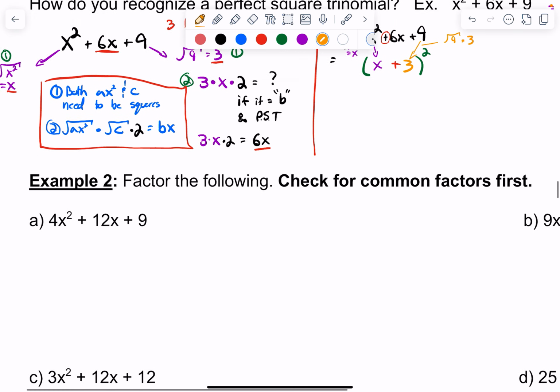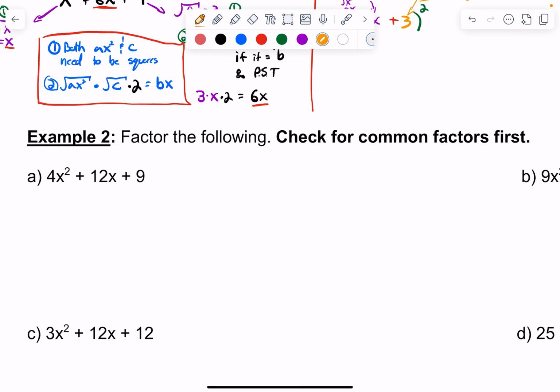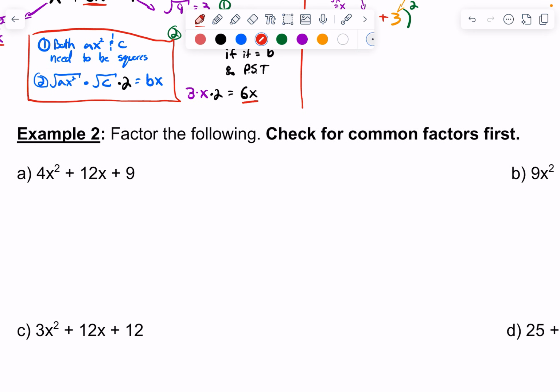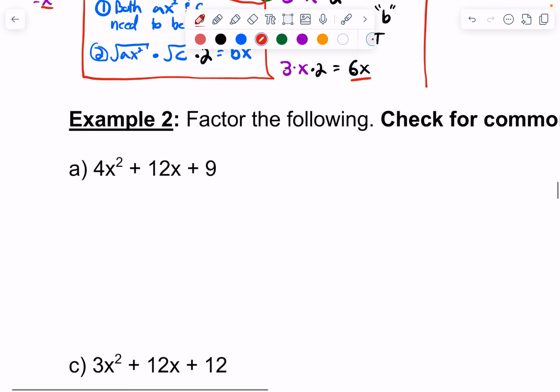So, example 2, factor the following. Well, I see 3 terms. This could be a complex trinomial because here the a doesn't equal 1, but I can't factor a 4 out from all of these terms. So it is a complex trinomial, but it's a special case of a complex trinomial. That's because 4x squared is a square.